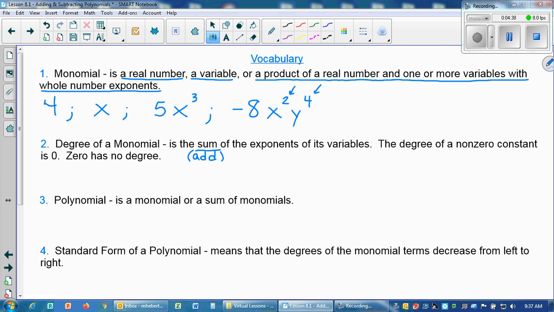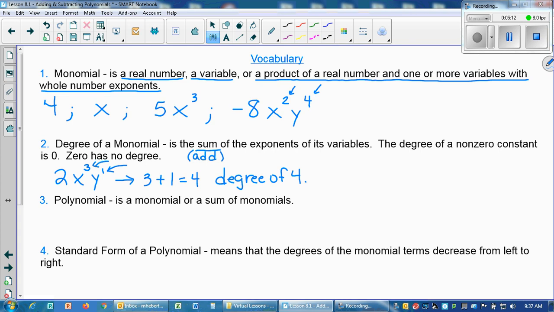So for instance, if we have 2x to the 3rd and y, we would take our 2 exponents, which are 3, and our understood 1 for our y. When there's a variable with no exponent, it is an understood 1. So we're going to add 3 plus 1, creating 4, making this monomial have a degree of 4.